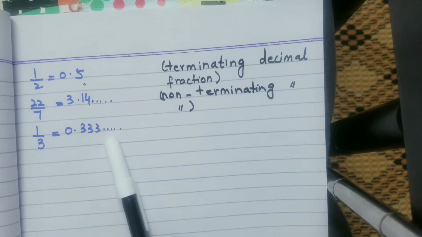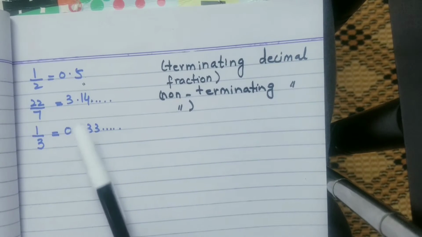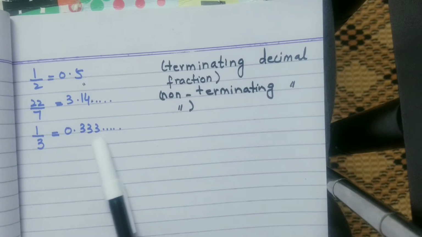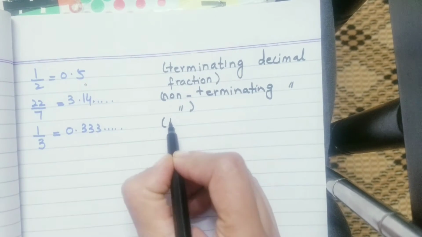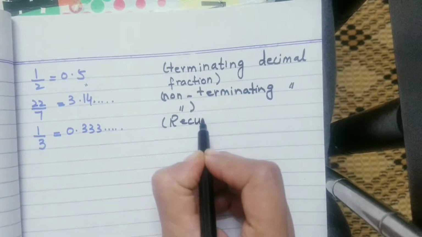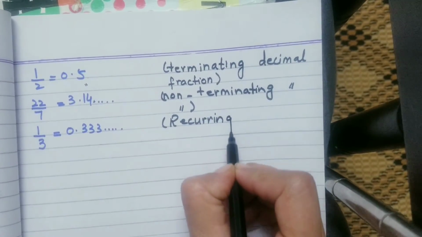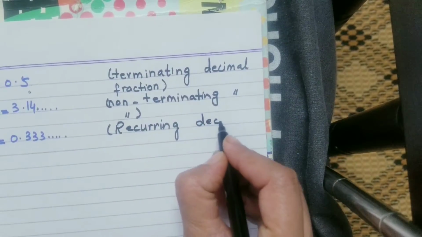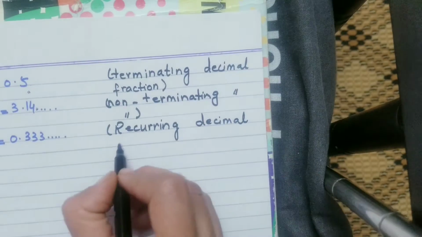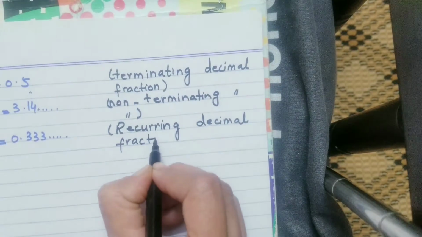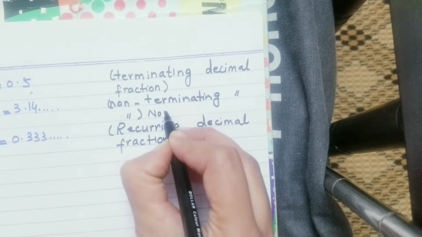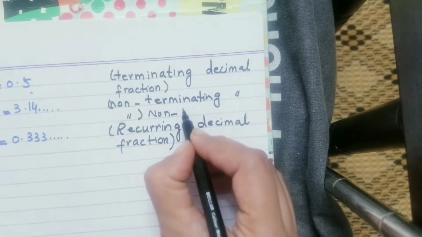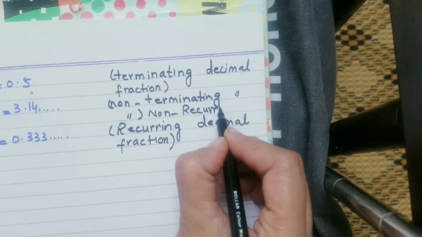But in this decimal fraction, the digits after the decimal point are the same. So this decimal fraction is called a recurring decimal fraction, okay? And this is called a non-recurring, non-terminating decimal fraction.